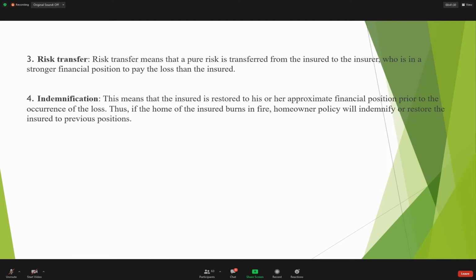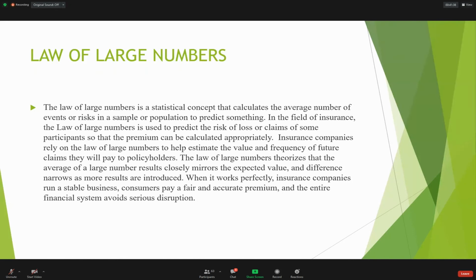The law of large numbers is a concept that is used to calculate the average number of events of risk in a population to predict something. Insurance companies use the law of large numbers to predict the risk of loss or claims of participants, so the premium can be calculated appropriately.